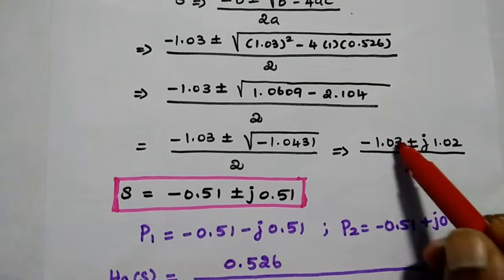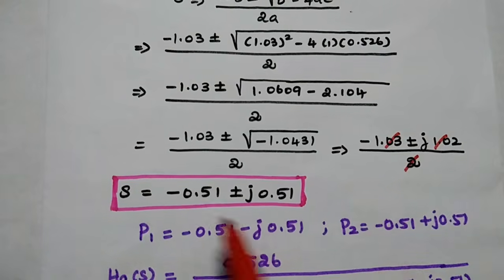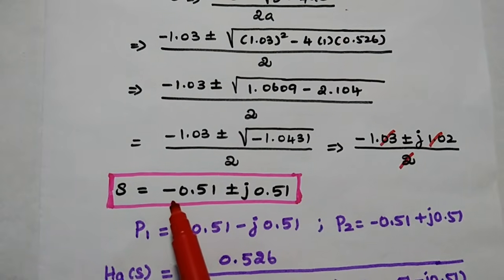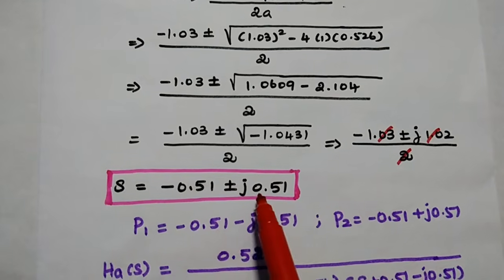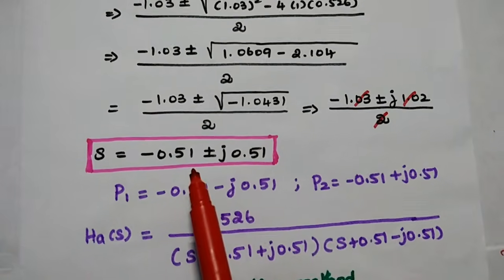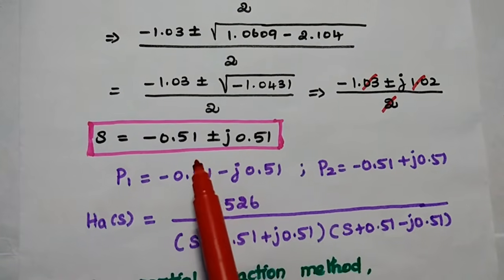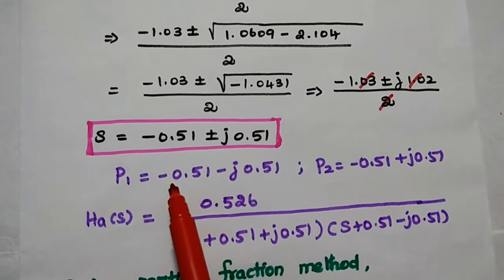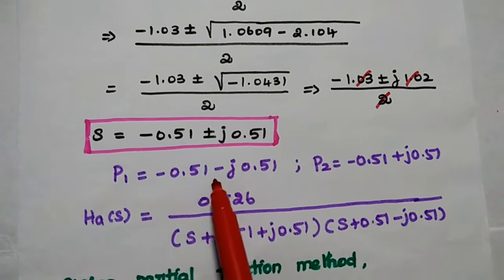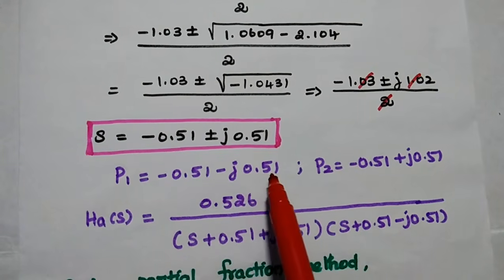Then we can divide these terms with this 2. We can get s is equal to minus 0.51 plus or minus j 0.51. So these values are nothing but the pole values. So we can say P1, that is the pole value, is equal to minus 0.51 minus j 0.51.